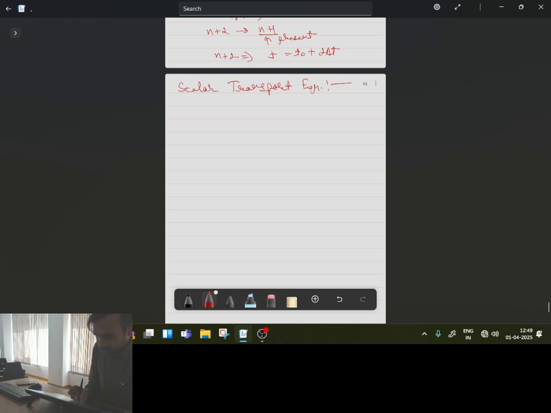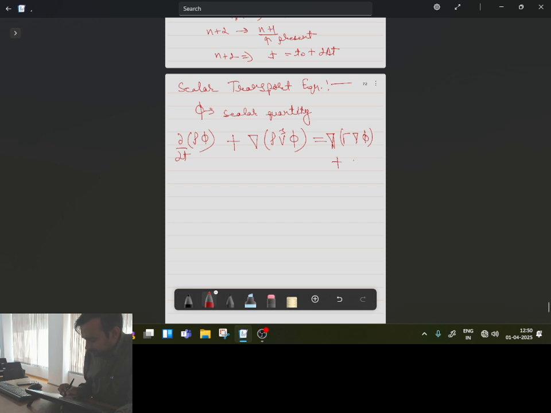I can consider phi to be my scalar quantity, and for calculating the value of this phi, I will have different terms. Can you tell me what are these terms?